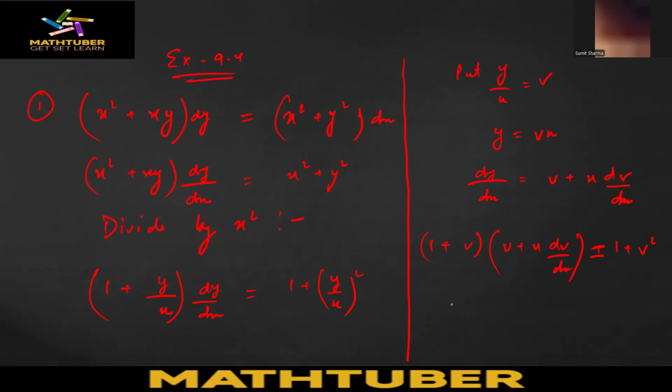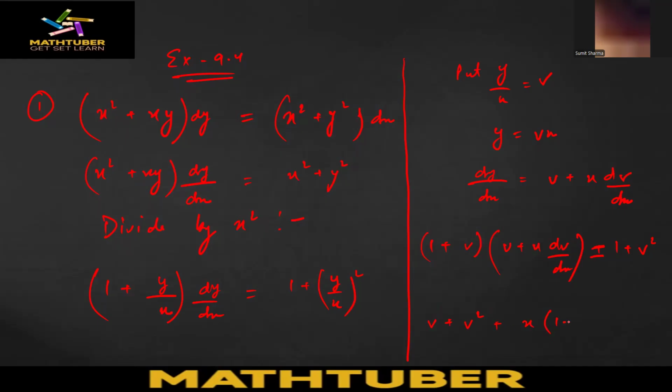Then multiply the whole equation here. V into 1 plus v, we will take v as it is here. You have to just open it first. So if you multiply v with 1 plus v, v plus v square will be the answer.